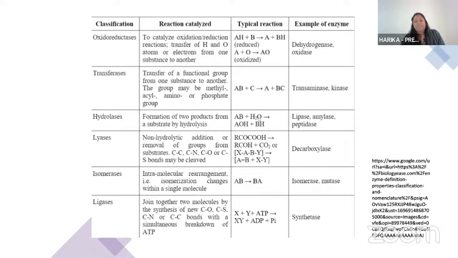AB is a molecule, and you're adding a water molecule, H2O, which gives rise to AOH and BH, forming other molecules. Examples are lipase, amylase and peptidase, which come under hydrolases.